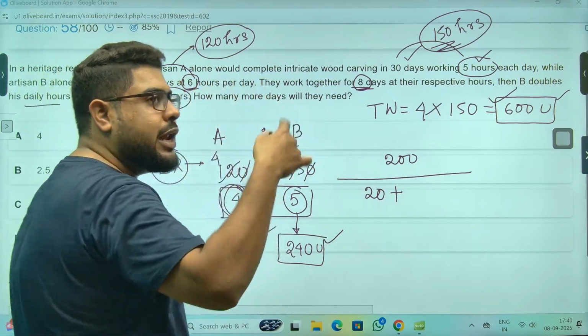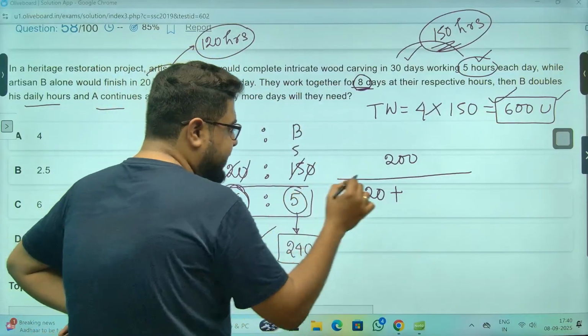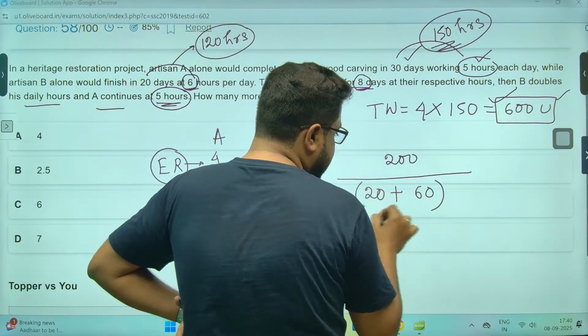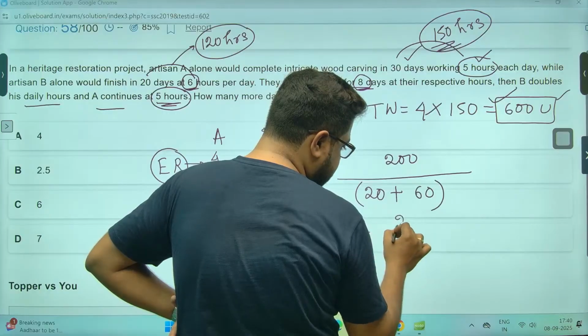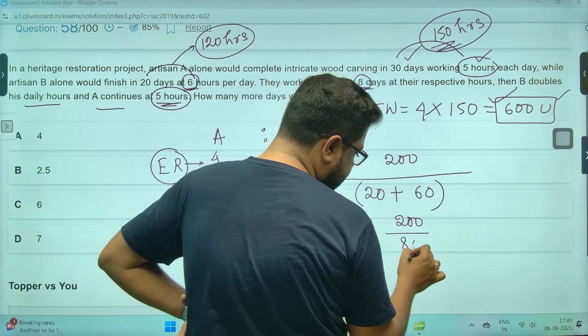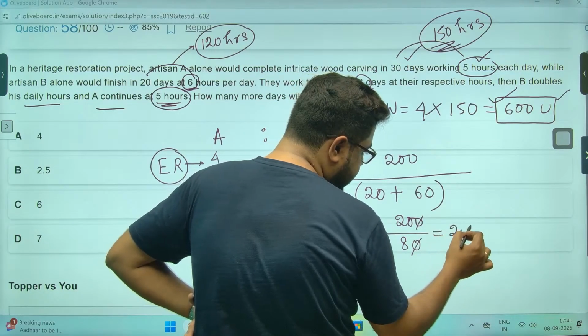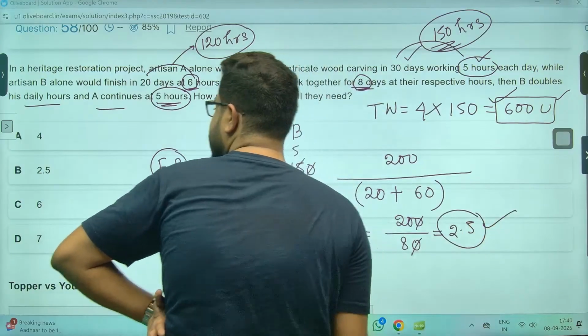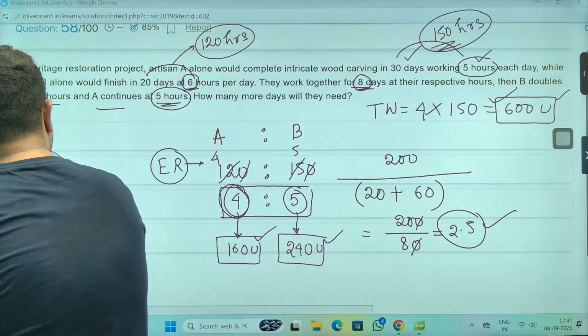Now B is working 12 hours a day. 12 into 5, that is 60 units per day. So the answer will be 200 by 80. Sir, this is 2.5. 2.5 is the answer.